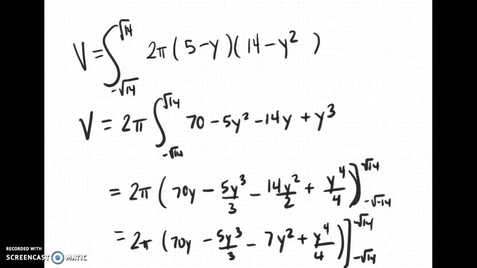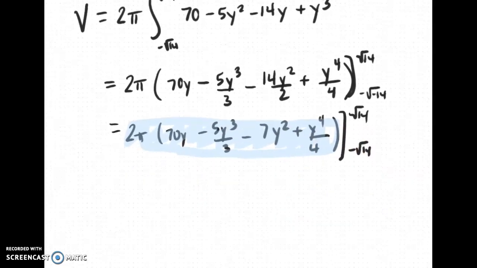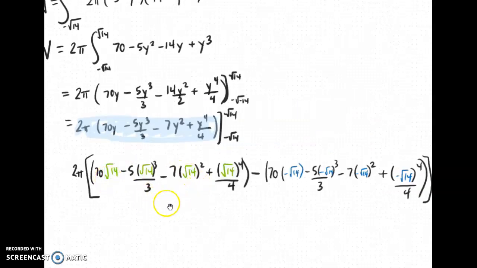So this is what I'm going to put in place of the next part. So you're going to fill in this. And then finally, we're going to give the volume. So I'm going to evaluate it from negative square root of 14 to square root of 14. So I wrote that out here. And now putting that into my calculator, let's see what we get.